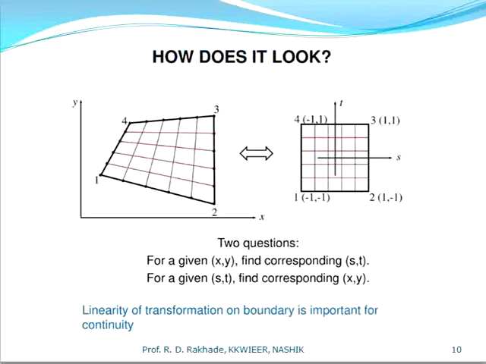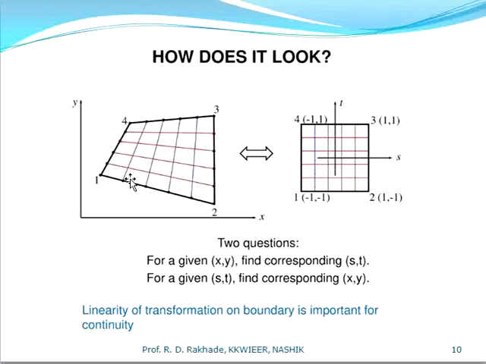For better clarification, we can take one numerical example. So how does it work, or how does it look? This is an irregular shape in any direction, and we can map it, meaning local coordinates map with natural coordinates. For given x, y we can find s, t.